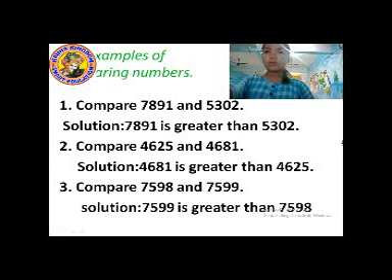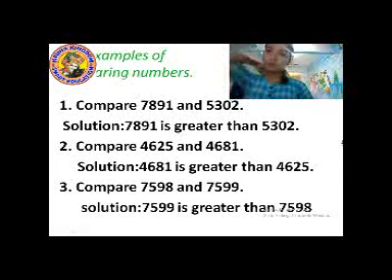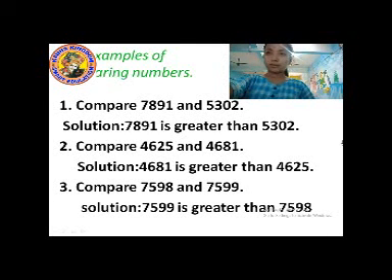Now question number 3. Compare 7,598 and 7,599. Here both numbers have the same number of digits.